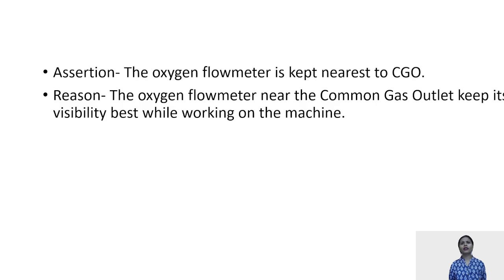Of course, the reason is also right, but it does not correspond with your assertion. Both are true, but they are not related. The reason why the oxygen flow meter is kept nearest to the CGO is to prevent a hypoxic mixture from being delivered to the patient.